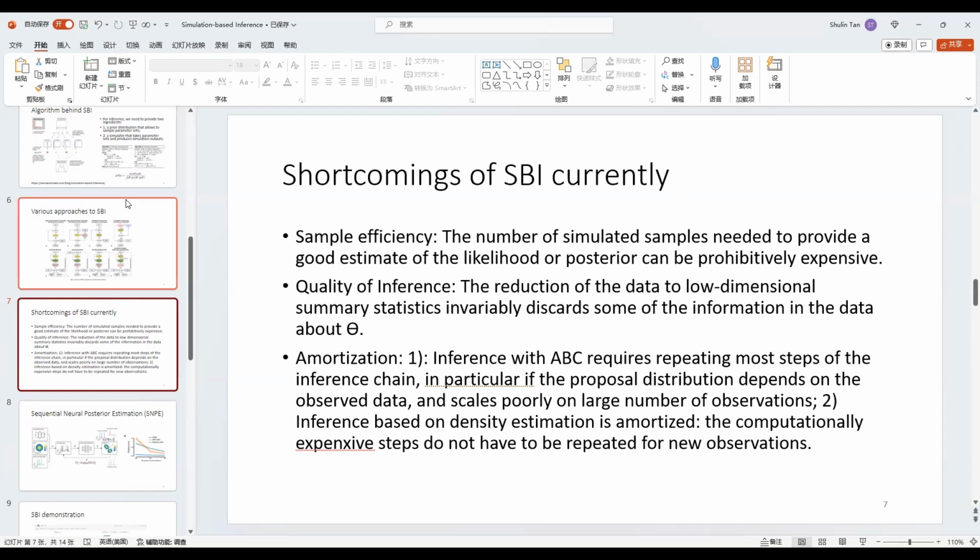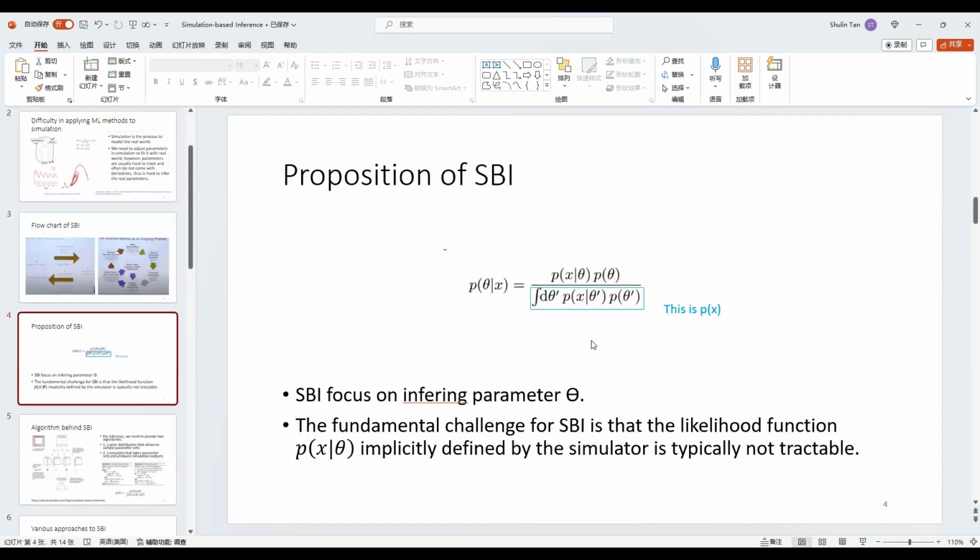So why is that? The reason is, going back to this, here you have a proposed distribution of your theta and the current proposed distribution of your observation, but this is not the real case.